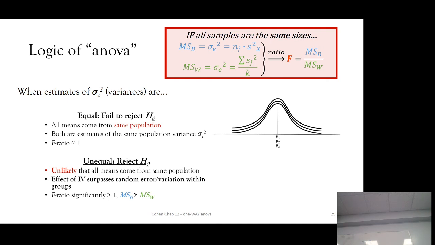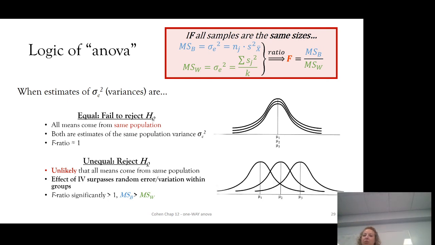If our groups are different, our F ratio is bigger than 1. The further apart the groups are, and here they're shown with bell curves instead of those side-by-side box plots, the more the groups are separated, the bigger the F ratio is. It gets bigger than 1, up to 20, 30, 100, 300, if they're really, really different.